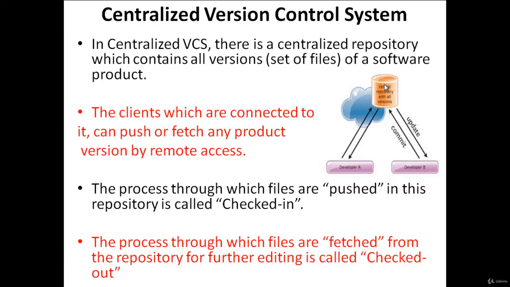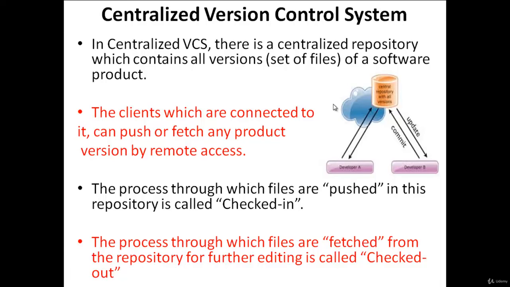Let's say one is sitting in New York and one is sitting in Seattle, right? Let's say developer A checks in the code. Whatever coding he has done for the day, he pushes that code onto the centralized repository. At the same time, developer B, who is at a different location, can pull that code from that centralized repository.